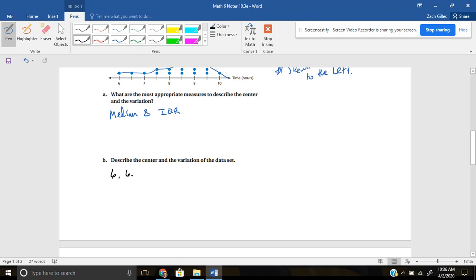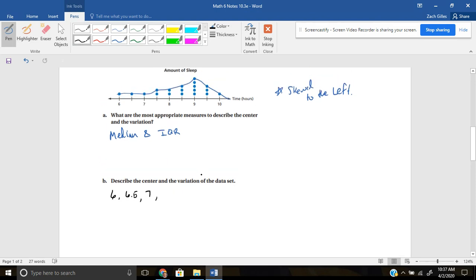So 6, 6.5, 7, I have 2 7.5s, I have 2 8s, I have 3 8.5s, I have 1, 2, 3, 4, 5 9s, 3 9.5s, and 1 10. Whew, a lot of data there.